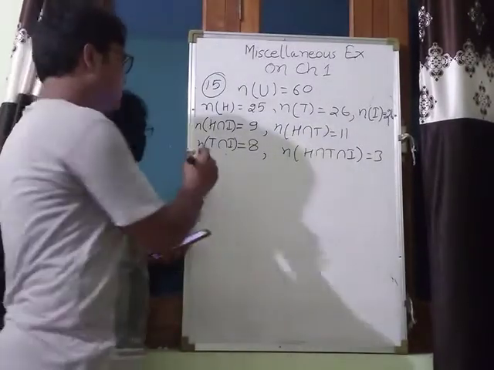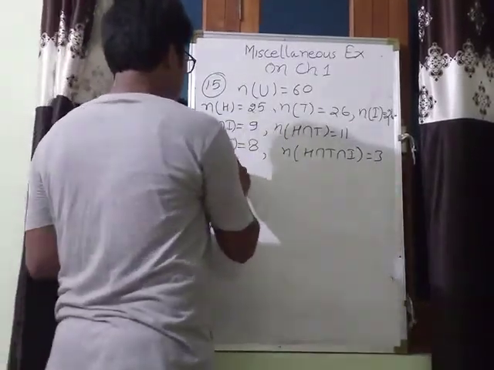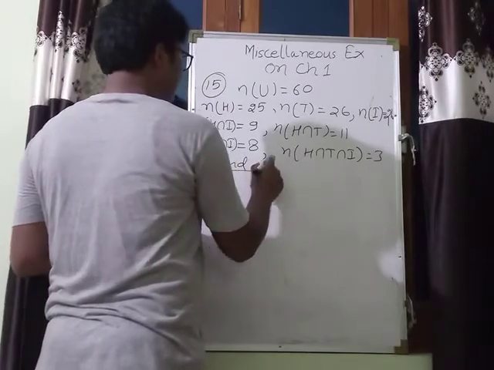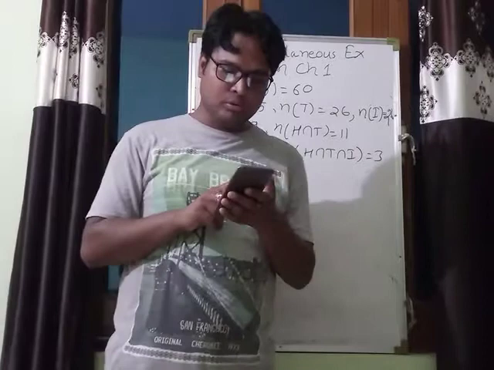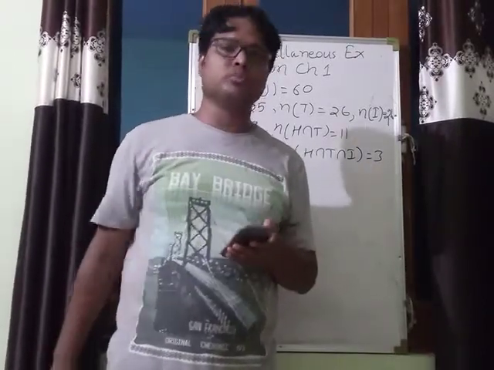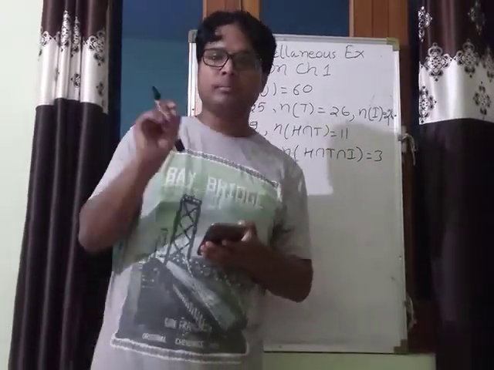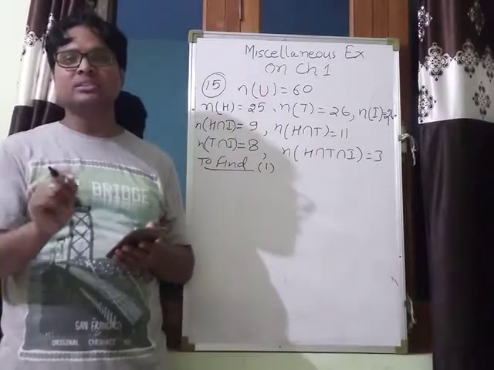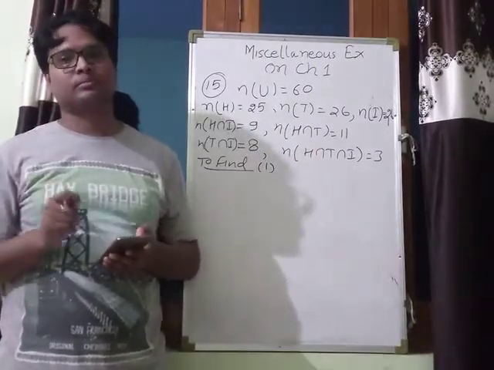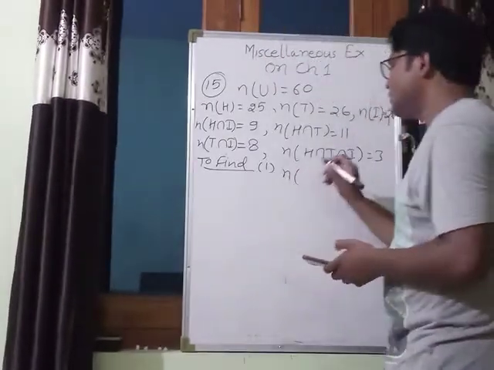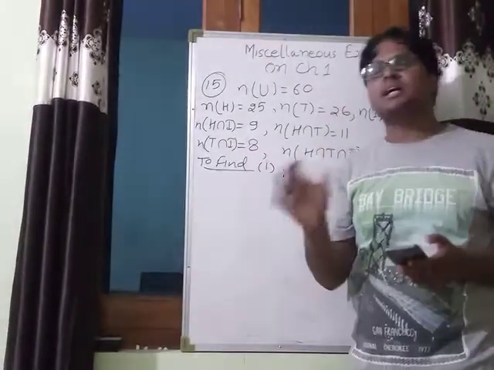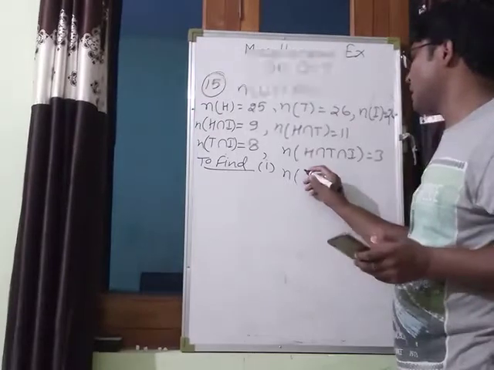Find first the number of people who read at least one newspaper. Okay, so we have to find out, wherever at least comes, understand that we have to find the union.